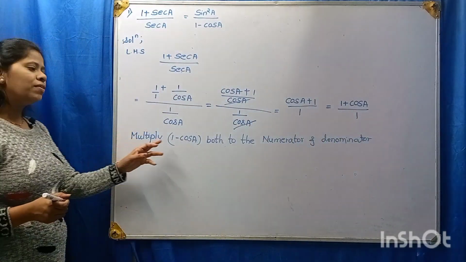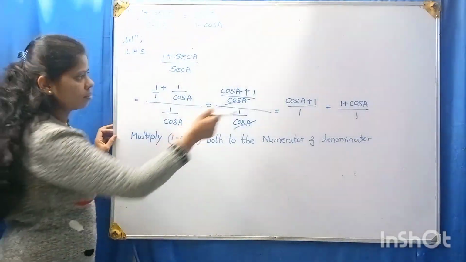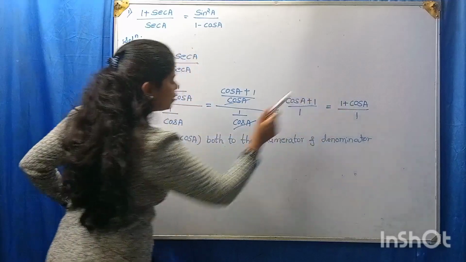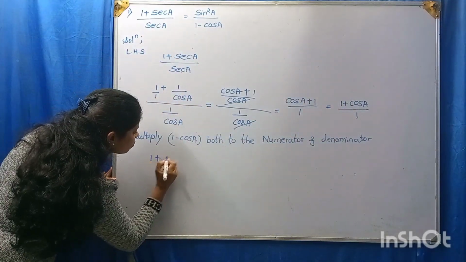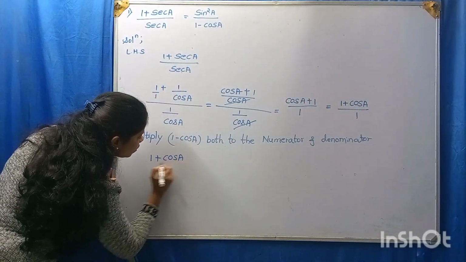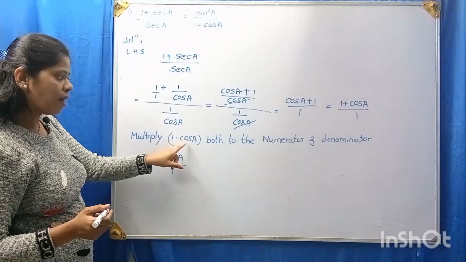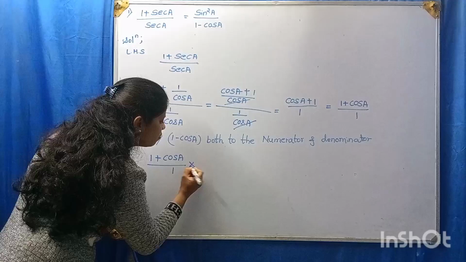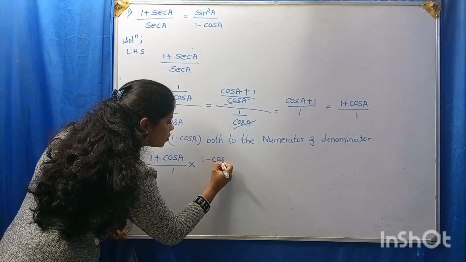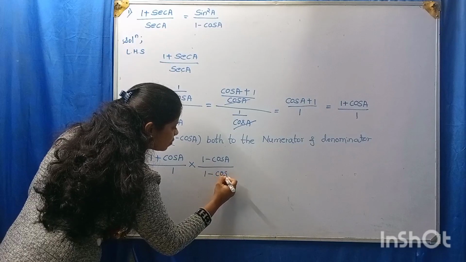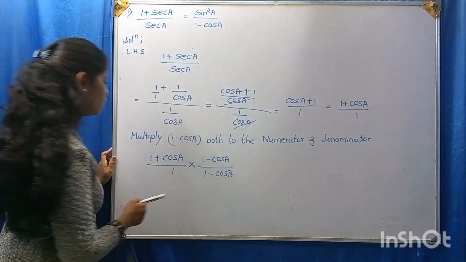Okay, we can multiply, right? For 1 plus cos A divided by 1, I will multiply it by 1 minus cos A divided by 1 minus cos A. Okay.